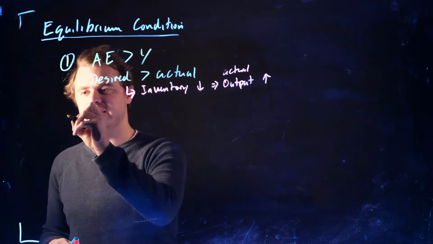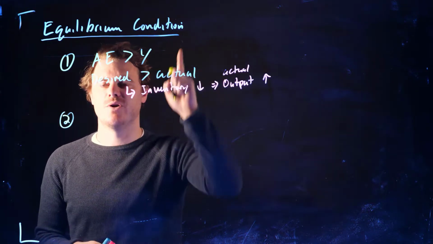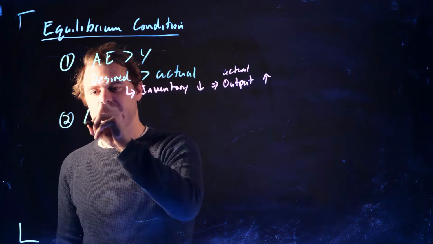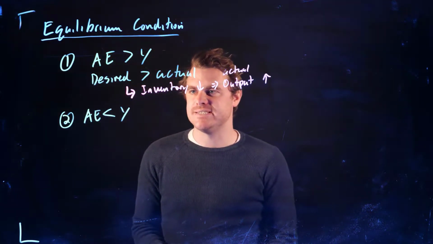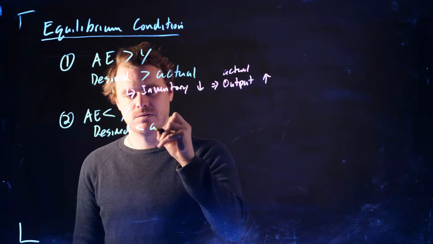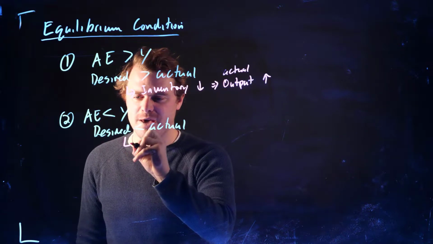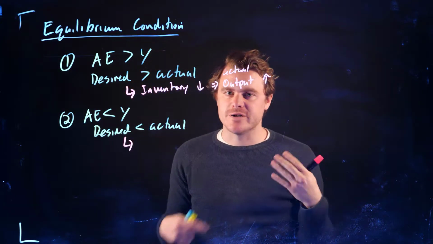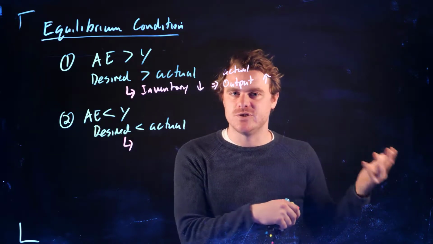We can think of the opposite case. If AE is greater than Y, there's pressure on Y to go up. If AE is less than Y, so if desired is less than actual, people aren't buying as much as we thought they were going to buy, so we have all this extra inventory.